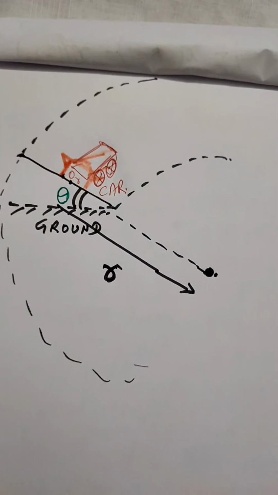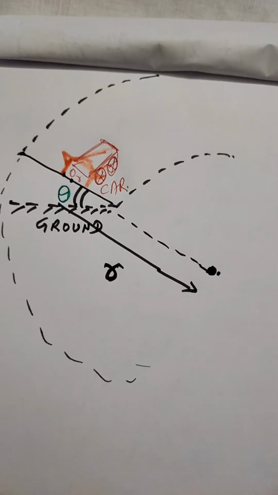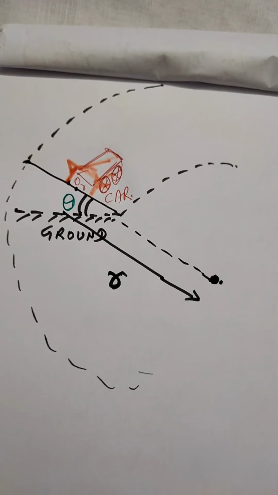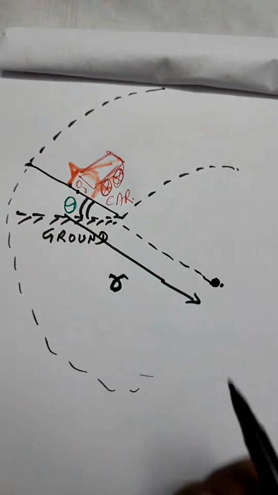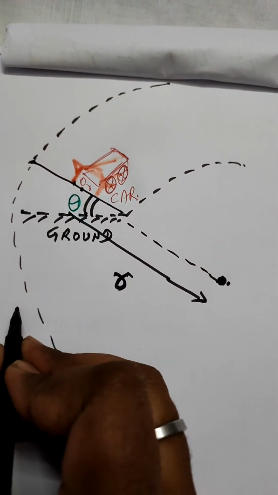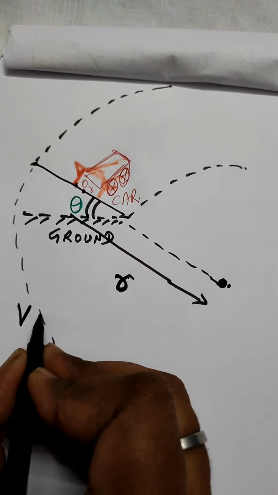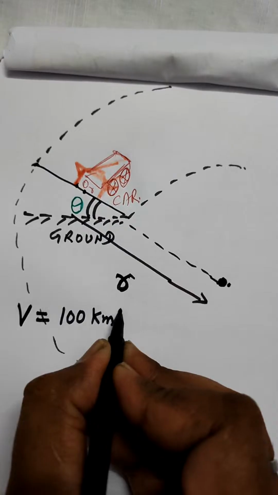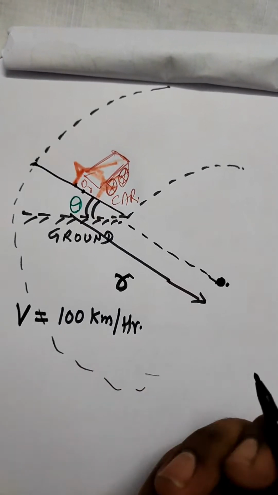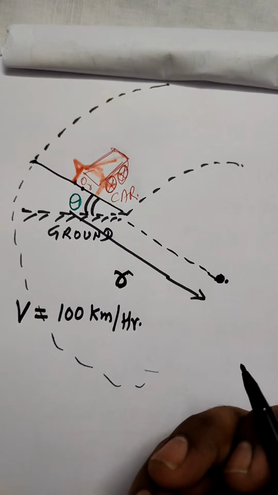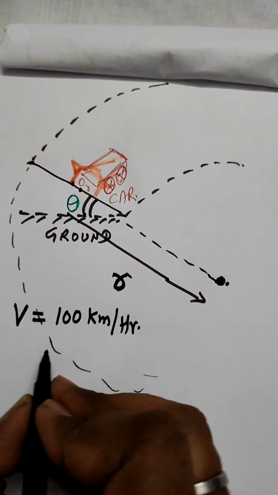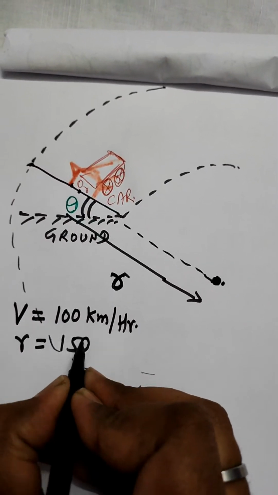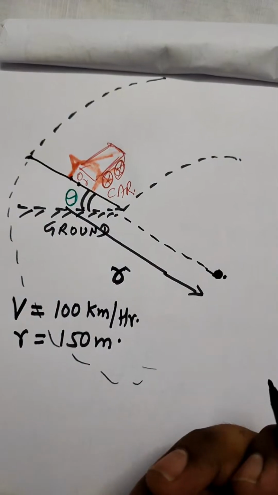Now the data given in the question: the car running on this circular track has the velocity v of 100 kilometers per hour, and the radius is 150 meters.